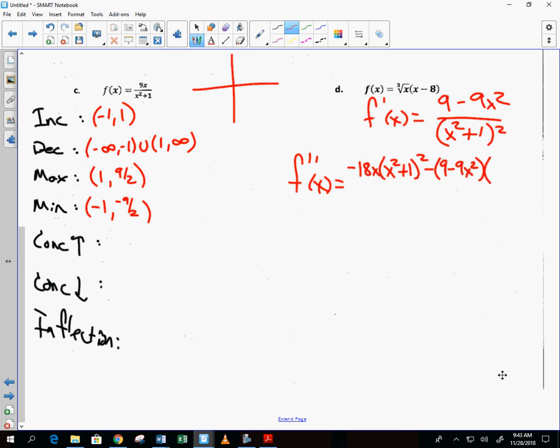I'm going to have to make some more room for that. Use this space here. Let's see, we got u squared and x squared plus 1. Derivative of x squared plus 1 and derivative of u squared.